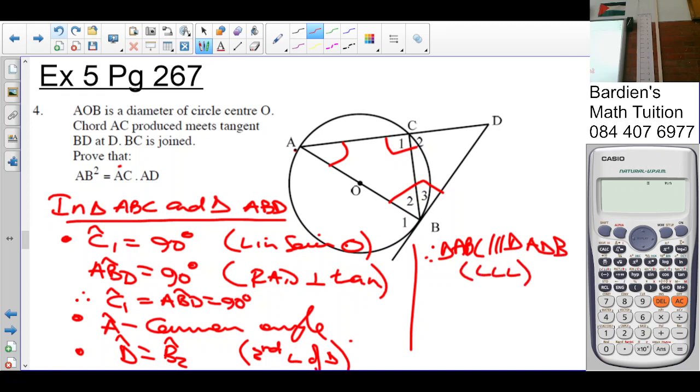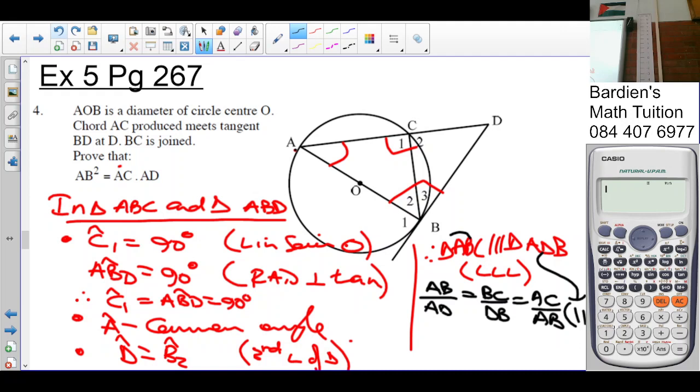So from here we're going to conclude that AB over AD equals BC over DB equals AC over AB. Why? Corresponding sides in proportion, or similarity. Again, the space is not allowing me, but I would write that as your reason.